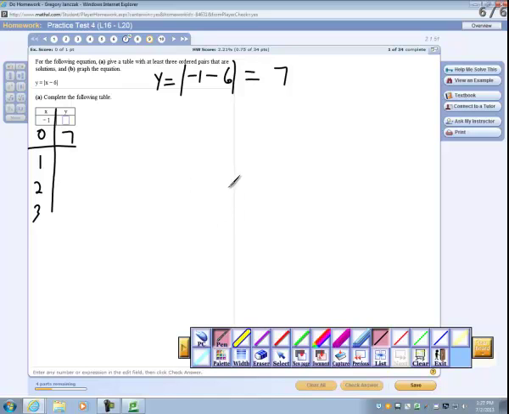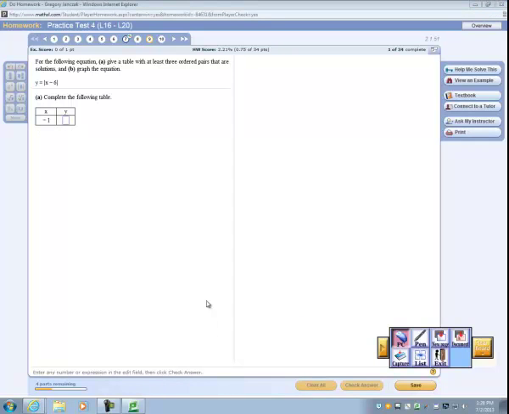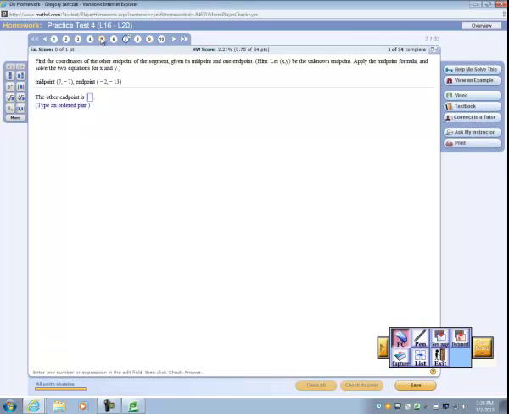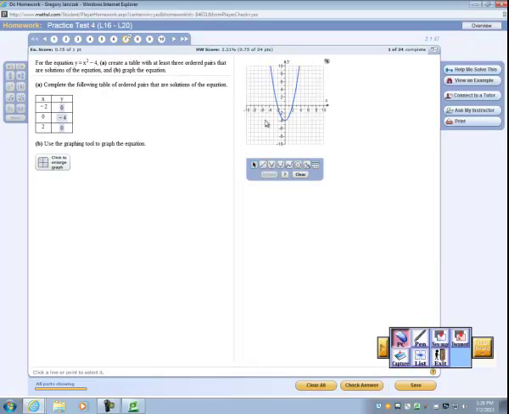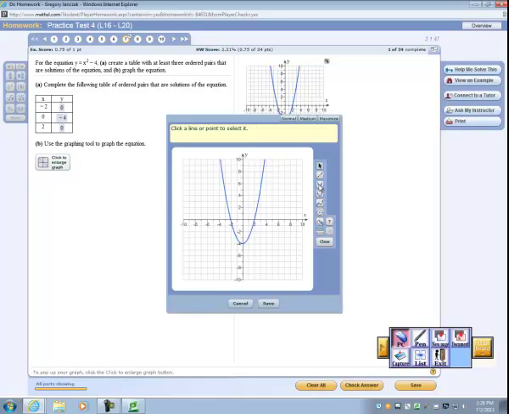Questions with that? But in this case, let's show the other palette. You're going to have to use the absolute value button, okay, instead of the parabola or the linear equation, to graph the absolute value.